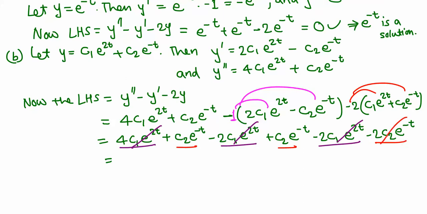So this one collectively cancels these two. Okay, so we get 0. That's the right hand side of the differential equation. So good. That means we verified c1 e to the 2t plus c2 e to the negative t is also a solution, and in fact this is a linear combination of these individual solutions.